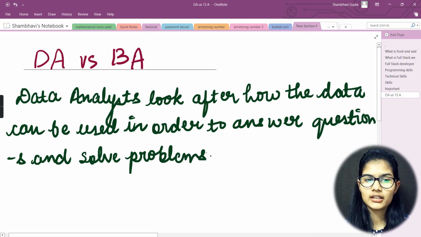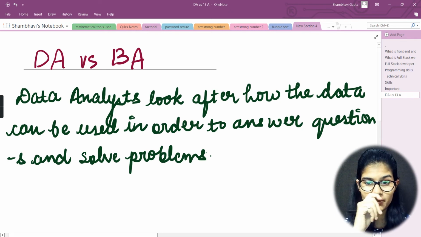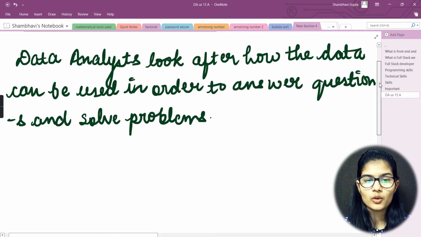This is what a data analyst does. The data analyst looks after how that data can actually be used for answering the questions and solving the problem. So in this particular case, that's how we can use that data.